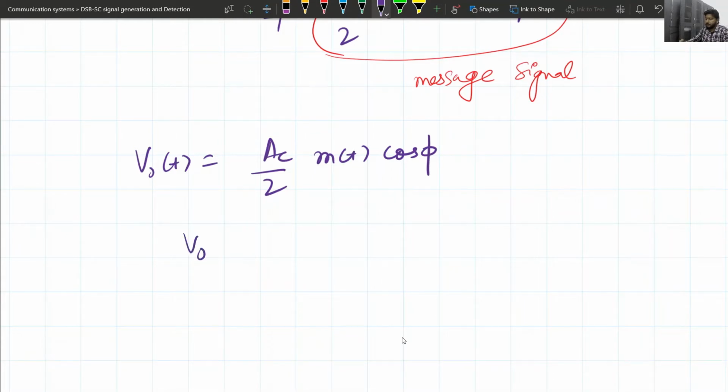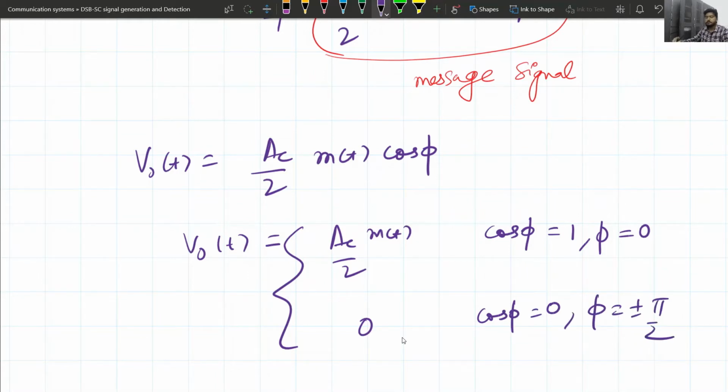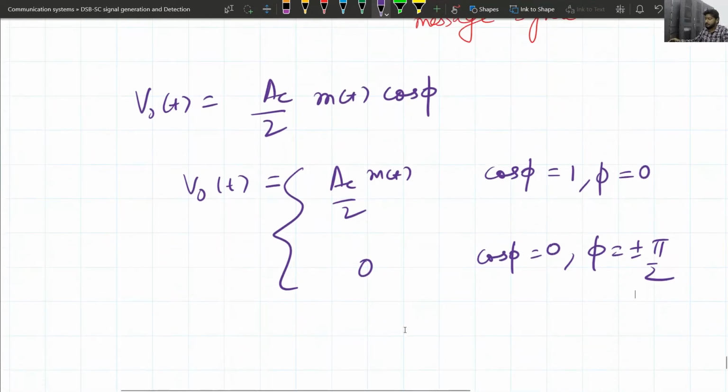Its value will be Ac into m(t) by 2 when cos phi equals 1, that means when phi is equal to 0, but its value will be 0 when cos phi equals 0, when phi is equal to plus minus pi by 2.